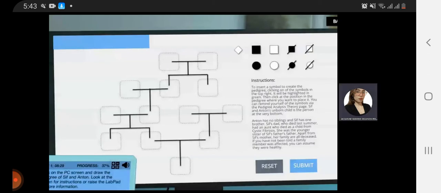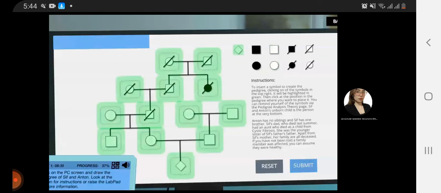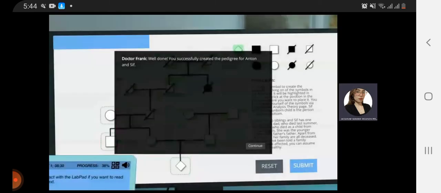Look at the screen for instructions or raise the lab pad for more information. Well done. You successfully created the pedigree for Anton and SIF.